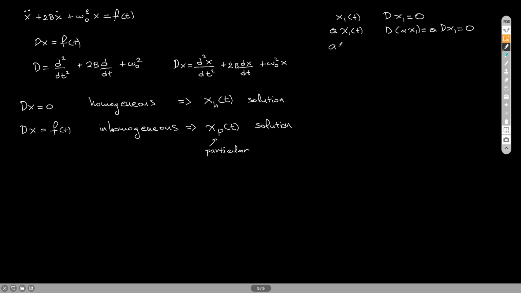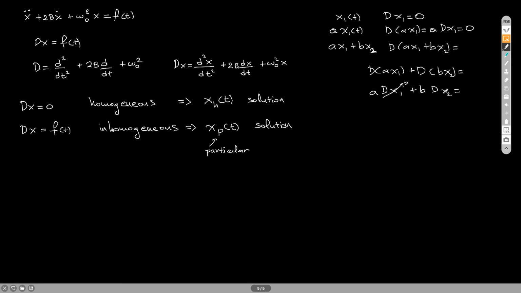Also, if you have something more complicated, A x1 plus B x2, then you can do something similar. D of A x1 plus B x2 gives me D of A x1 plus D of B x2, and then I can do A times Dx1 plus B times Dx2.